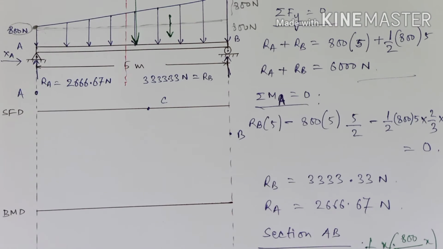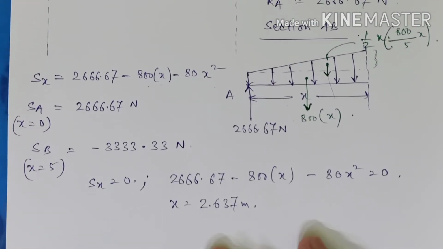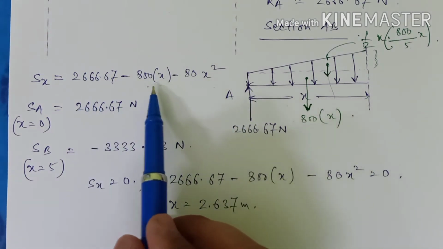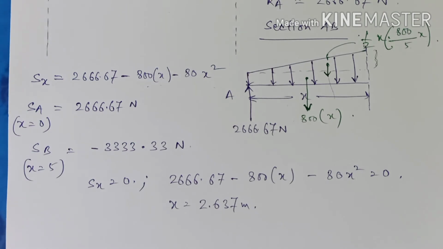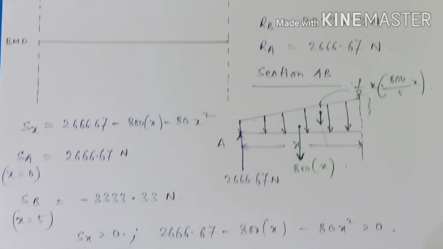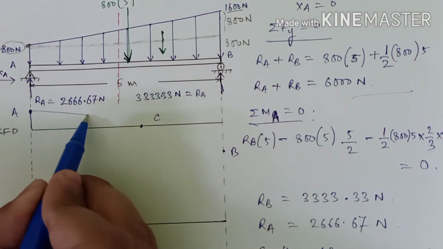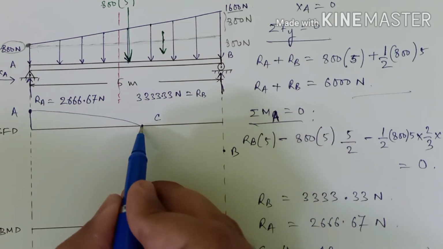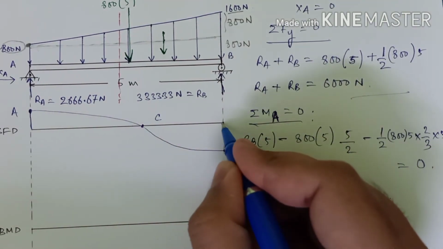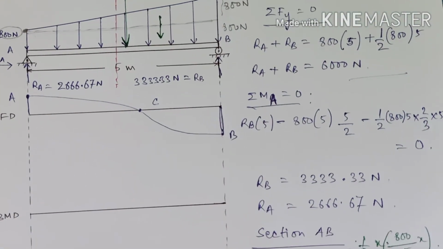So how will you join points A and C? For that, just check the degree of polynomial that we have. It is a quadratic polynomial, a 2-degree polynomial, so we will use parabolic curves to join these points.